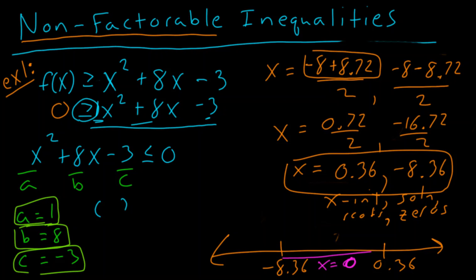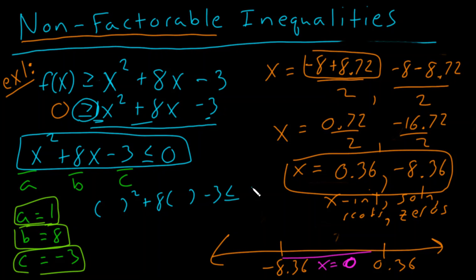We're going to take this inequality right here, and we'll say x squared plus 8x minus 3 is less than 0. Remember, we're looking for all of our negative solutions when our function is less than or equal to 0. And when I plug in the value of 0 that I was searching for, well, 0 squared is 0. It's gone. 8 times 0 is 0. It's gone. And check it out.